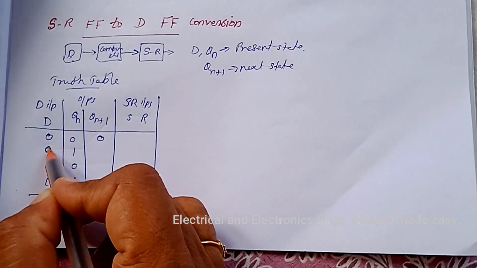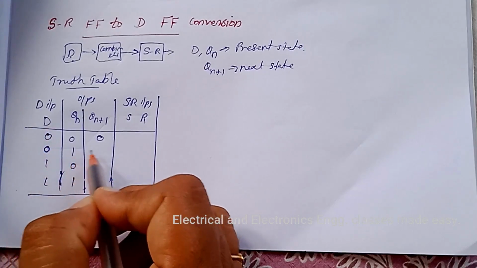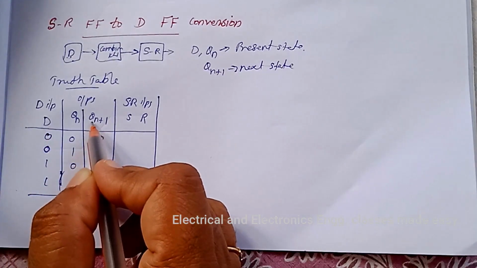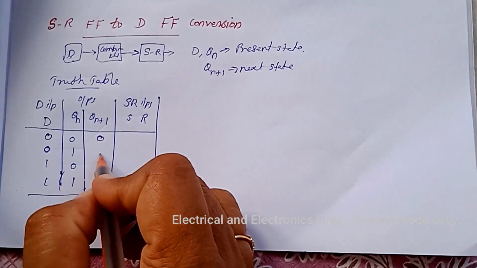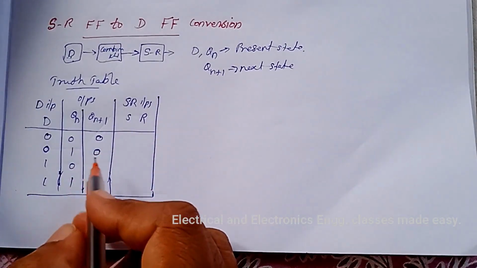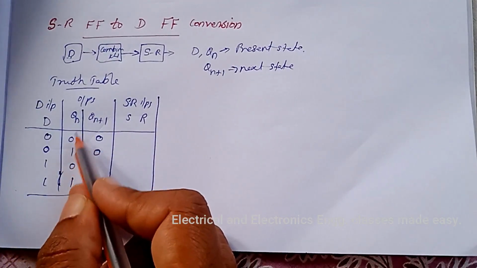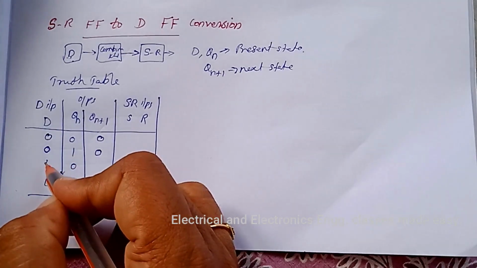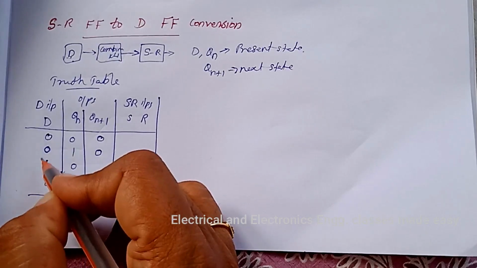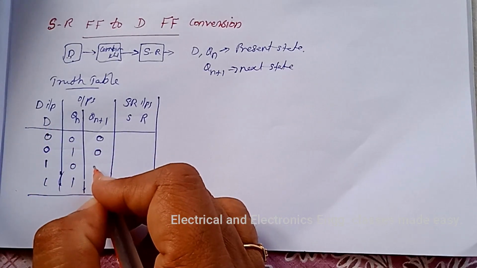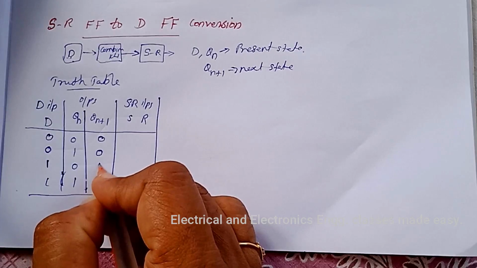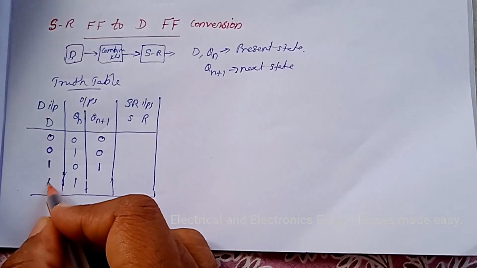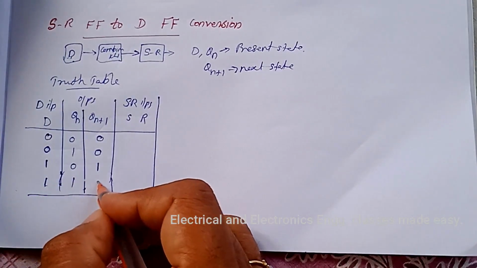Here also while giving 0 to D input, the next state to be obtained is 0. That is, it will not depend upon the present state or previous state. Then while giving 1 to D input, then we will get output as 1. Here also while giving 1, the output is 1.